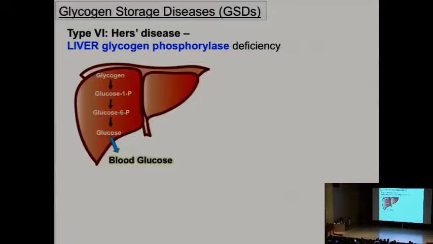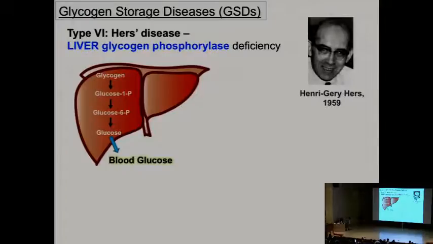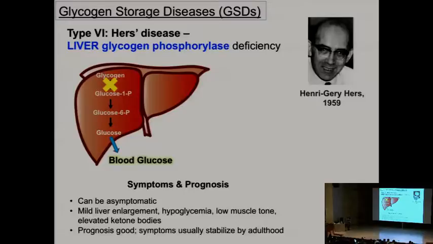The other glycogen phosphorylase deficiency, in liver, affects the same enzyme, different gene again, and it is named after this Belgian physiologist, Dr. Hers, who characterized this disease in 1959. The liver can't break down glycogen in this disease, and this would seem like a huge deal. But oddly, for this disorder, a lot of people are asymptomatic.